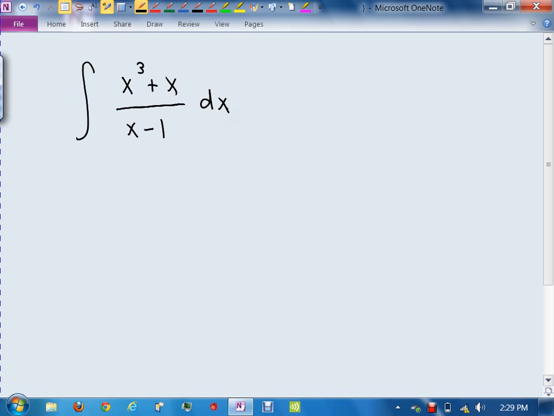Partial fractions even you should probably rule out because you don't have a denominator that you can break up. But there is something you can do with this that maybe you forgot you could do to things like this. Long division.